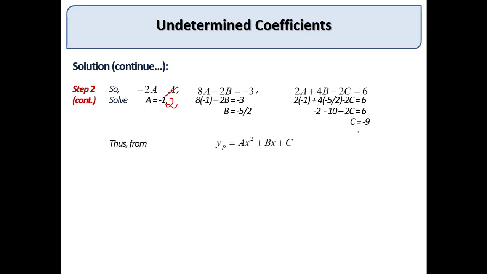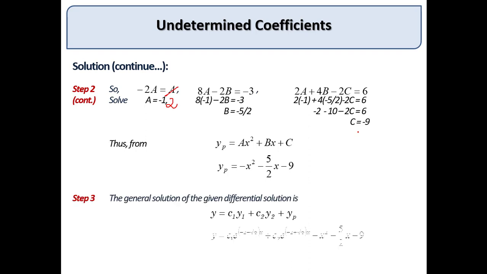Therefore our yp is equal to negative x squared minus 5 over 2 x minus 9. So basically the general solution is given as yc plus yp, where yc is the complementary function.